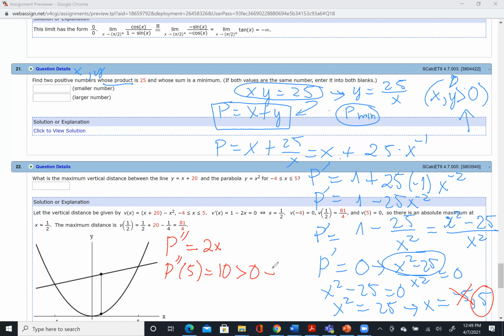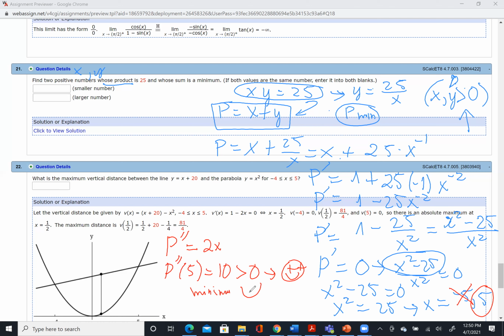So that gives me a happy face. Happy face gives me a minimum because of the mouth right here. Minimum. So at x equal to 5, we're going to have a minimum sum of x and y.